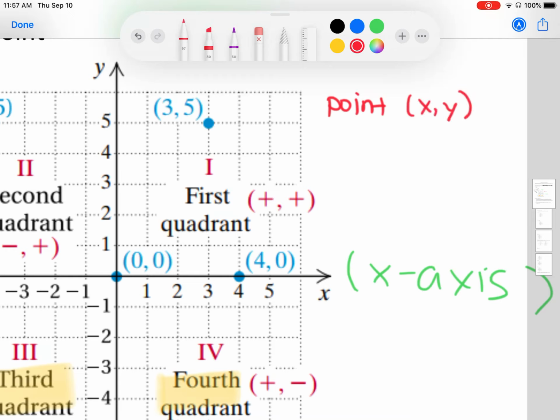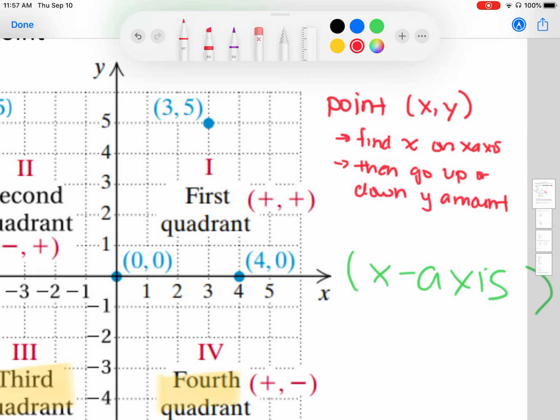So the way I go about it is I find my x on the x-axis, then go up or down y amounts. So let's say the example of 3, 5 that we see here.